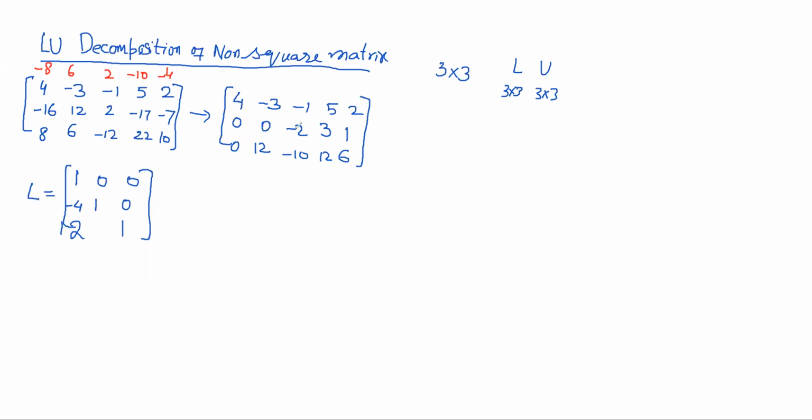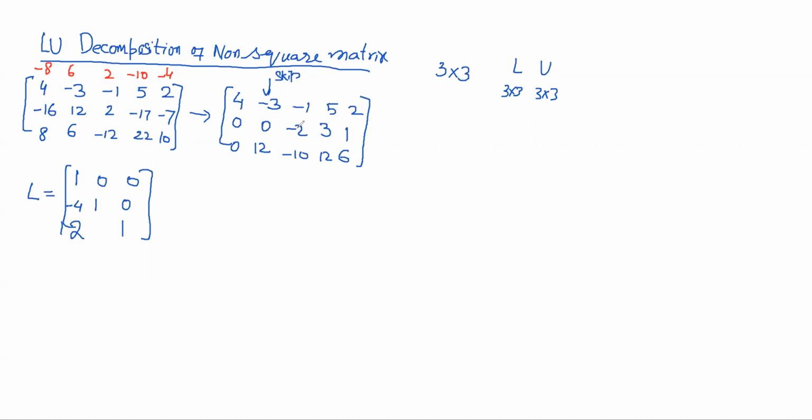So we will skip this column because it has no pivot position. A pivot position is the one which is a non-zero number. The first non-zero number is in the third column, so we will move to the next one.